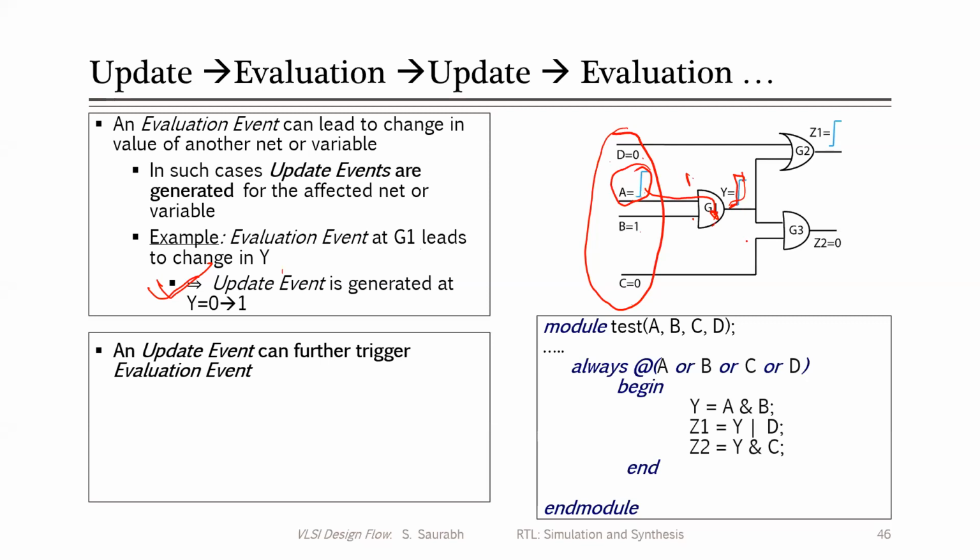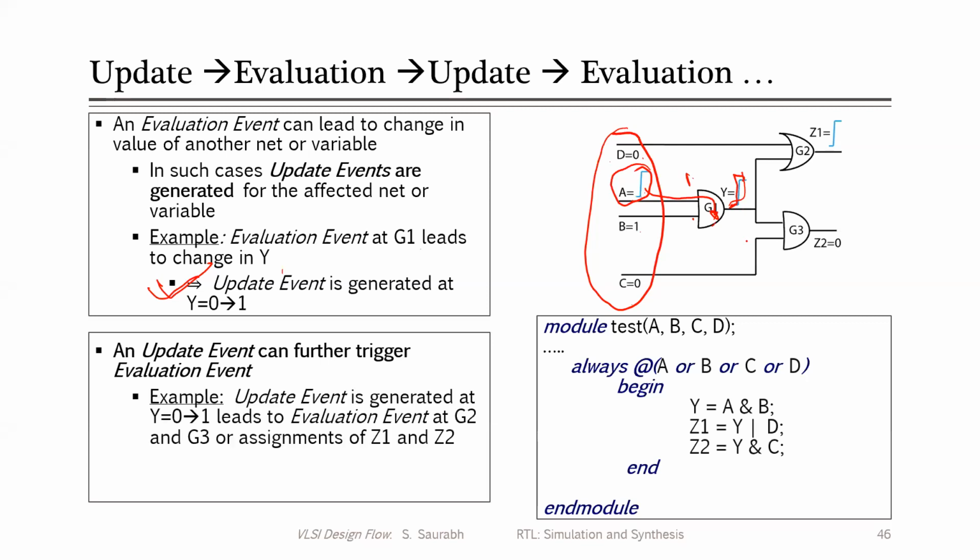Yeah, so two evaluation events will be created, one at G2, the other at G3. So the update event generated at Y, 0 to 1, leads to evaluation events at G2 and G3, and as a result of that, Z1 and Z2 will be evaluated, and so on.